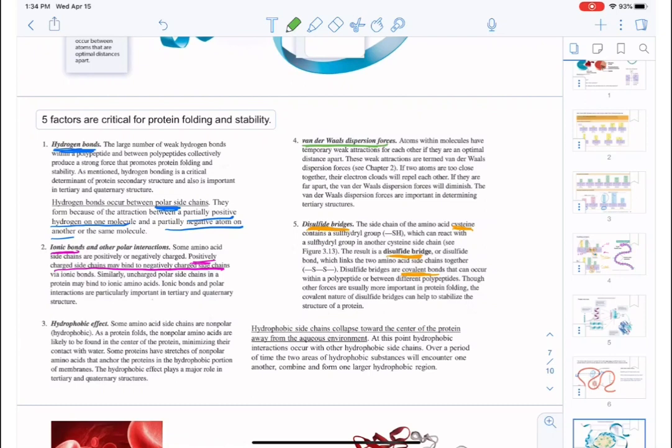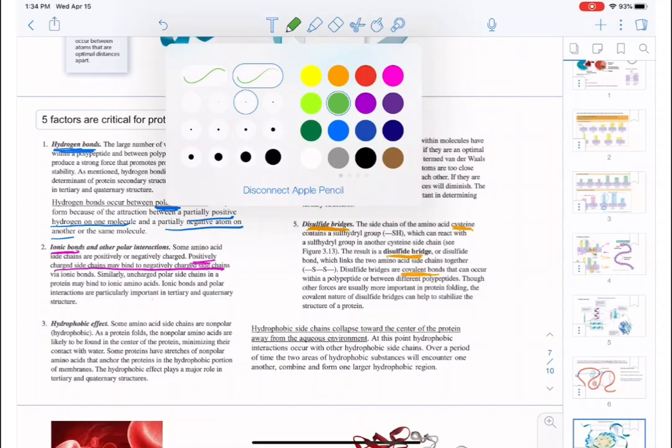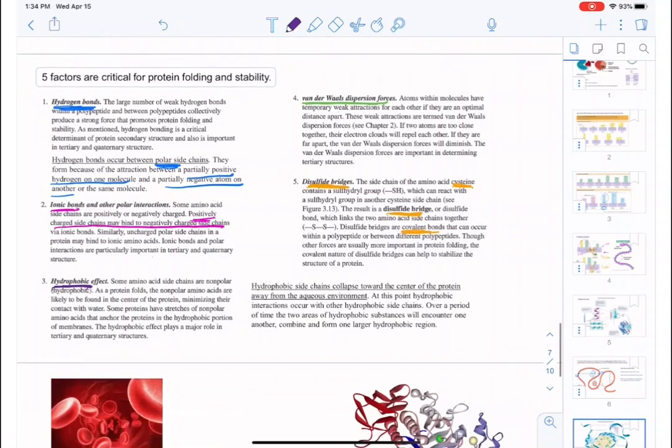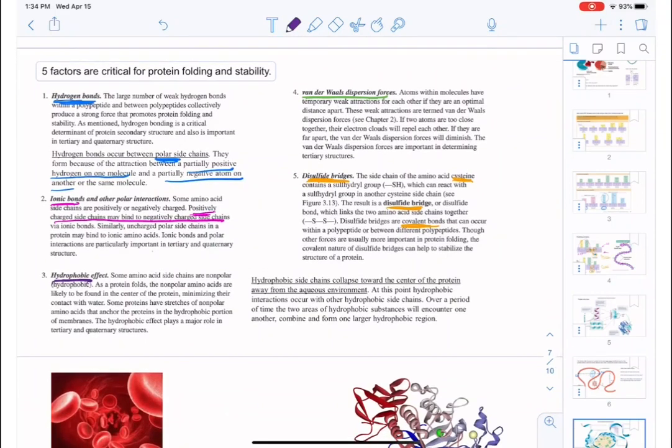And these are temporary weak interactions between molecules, and we're not going to talk so much about those. But the last thing that can happen is you can have what's called a hydrophobic effect. And this is when you have nonpolar hydrophobic side chains. And if you have a hydrophobic side chain, what's that side chain going to want to do? It's going to want to be found towards the center of the protein, away from the surrounding water on it. And so they're going to tend to bend towards the center of the protein.